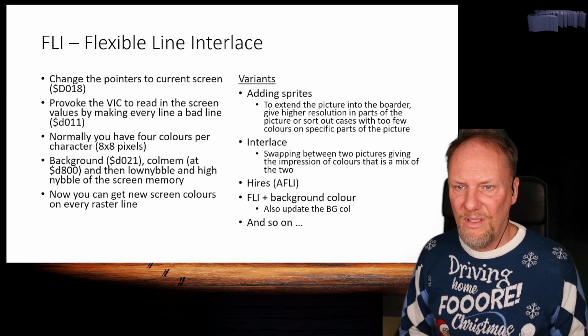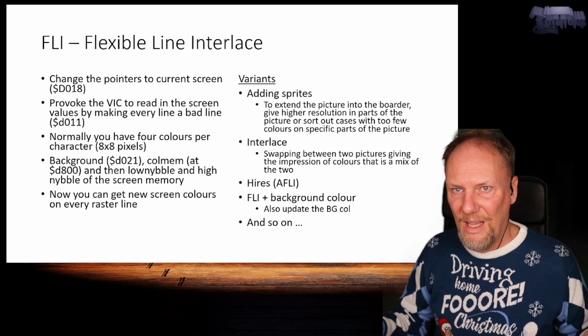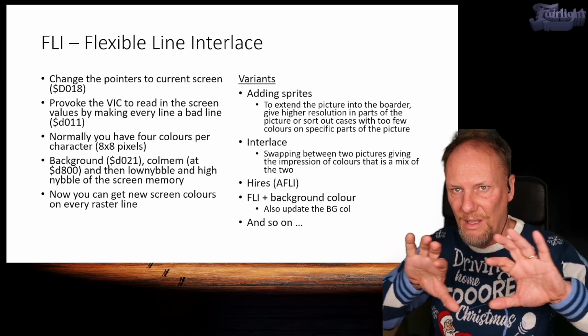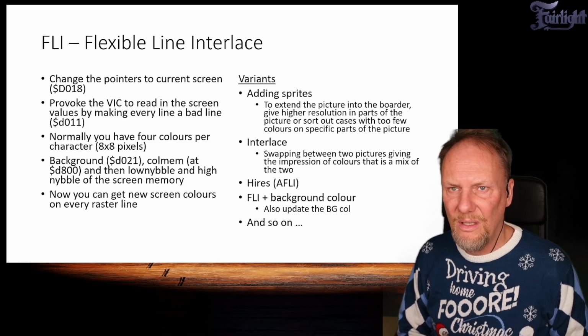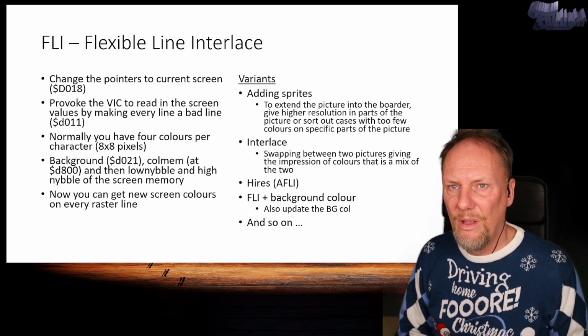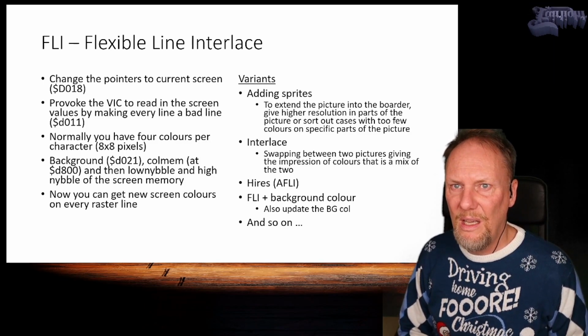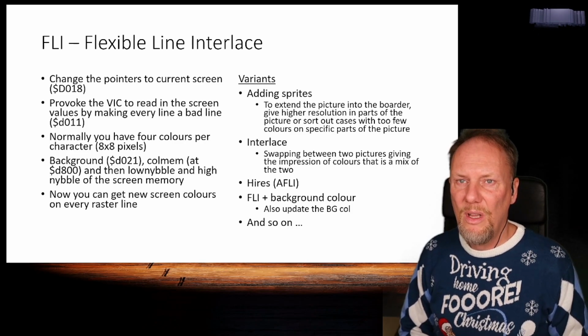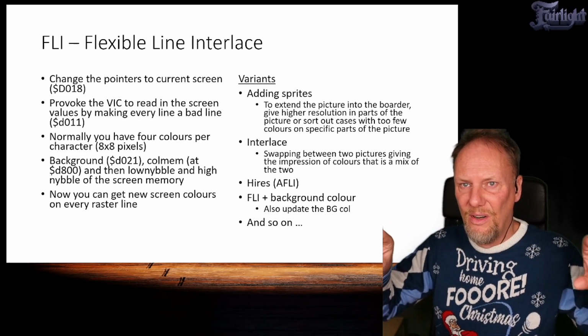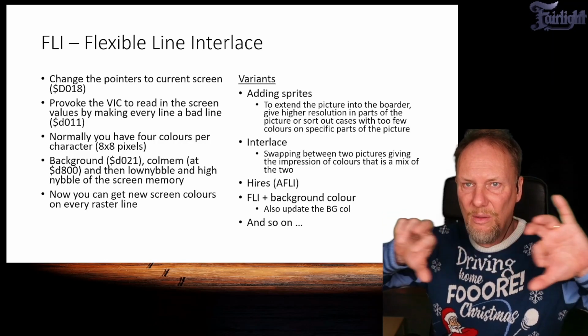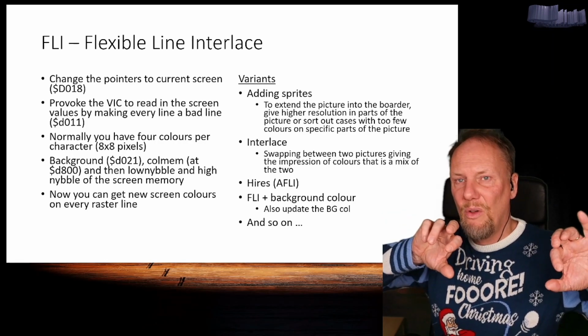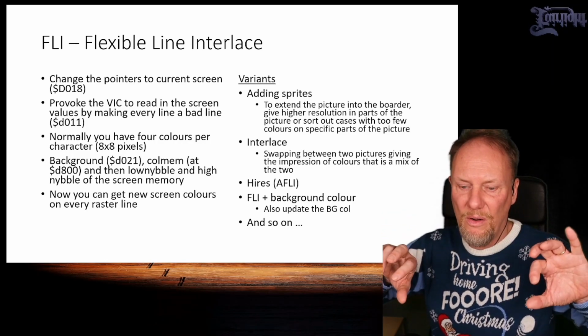What you also have is sprites on the edges, and also changing the background colors on the edges. If you saw my interview with the Chaos engineer, he has been producing a tool which extends the colors from the pictures into the border, and you have one color on the right and one color on the left.